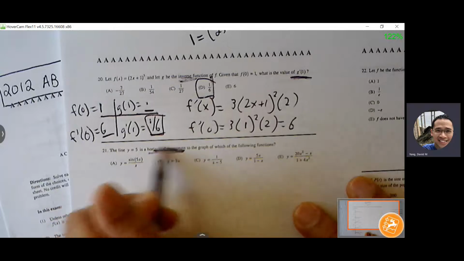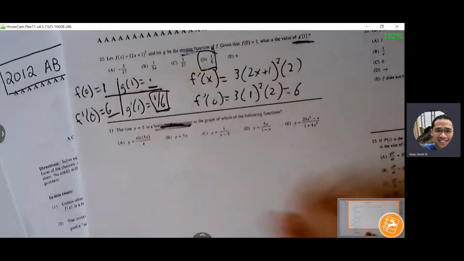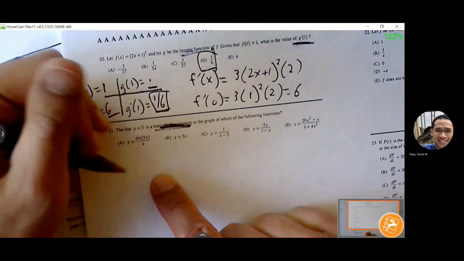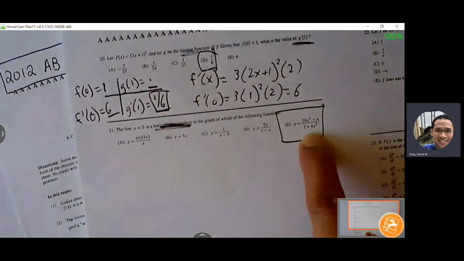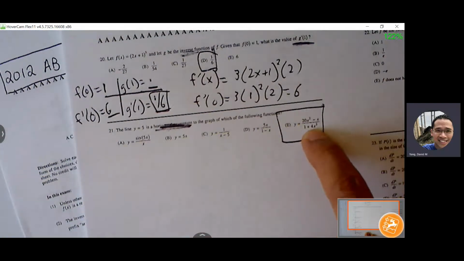Okay, horizontal asymptote. Take a limit. And the limit's going to give us 5 for e. If I take the limit as x approaches infinity, I get x squared.